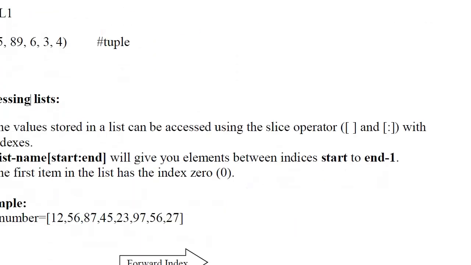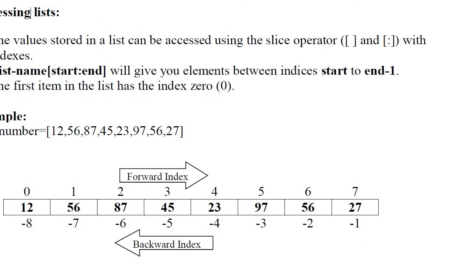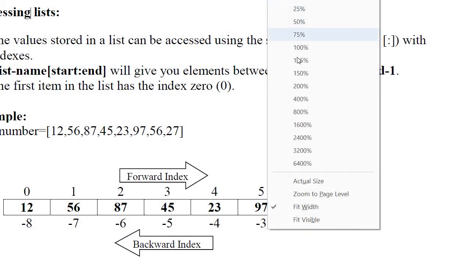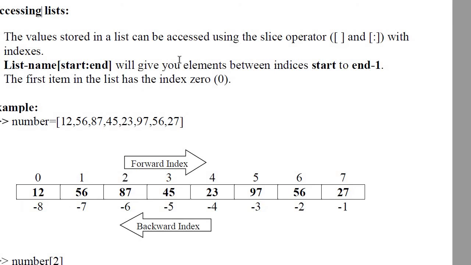Now next, how to access each and every element of a list. The first point says the value stored in a list can be accessed using the slice operator, with the indexes.